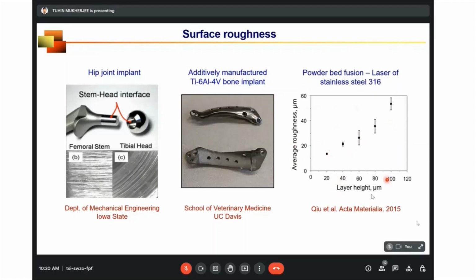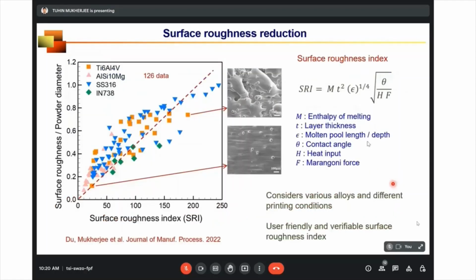But not only the layer thickness, which increases the staircase effect and eventually the surface roughness, there are many other parameters. For example, here I have listed several of them, like enthalpy of melting, layer thickness, molten pool aspect ratio, contact angle, and so on and so forth.